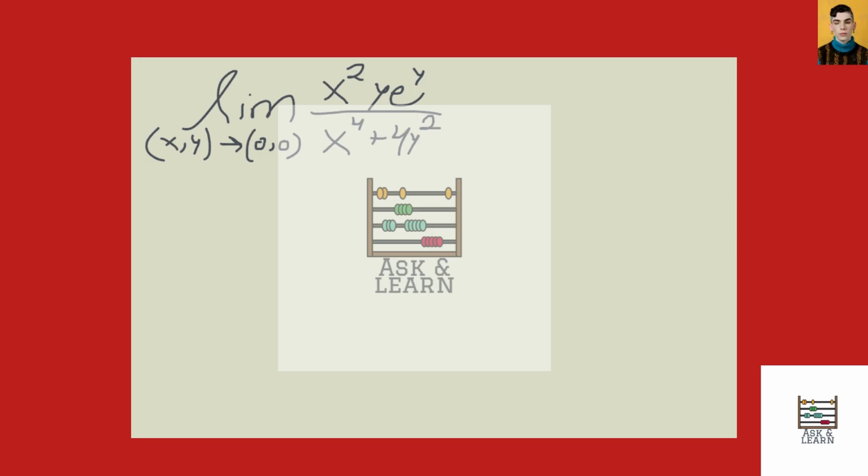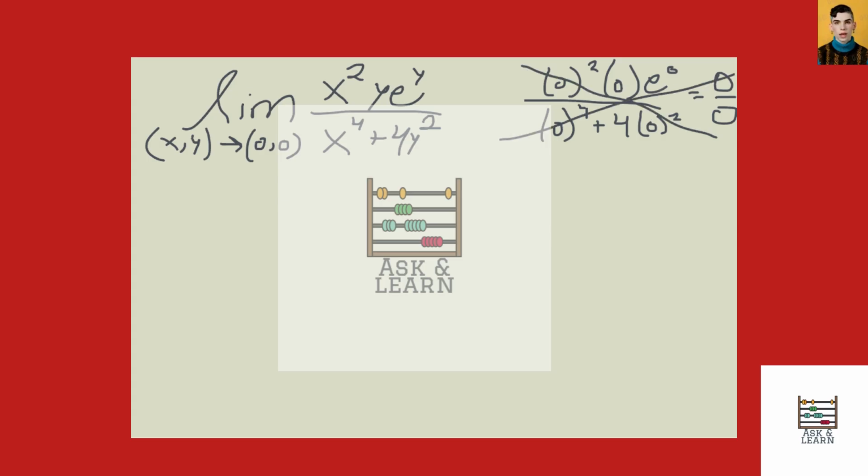So if we do that, we have 0 squared times 0, e to the 0, over 0 to the fourth plus 4 times 0 squared. And it's clear to see from this that it's 0 over 0, and it's thus indeterminate. So we need to use another method of solving this.